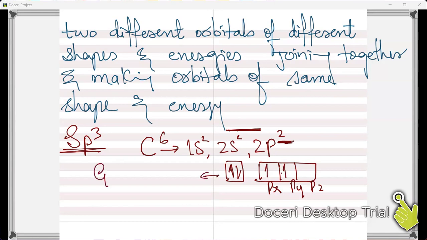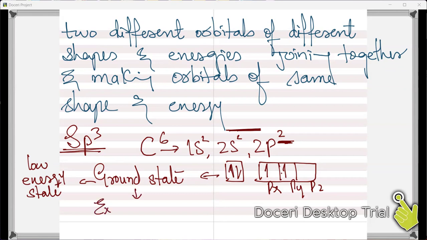Now, this particular state is called the ground state. What is the meaning of ground state? Ground state means low energy state, when the orbitals are at low energy. When it moves to the excited state, meaning when a carbon needs to bond with someone, one electron will go into pz.